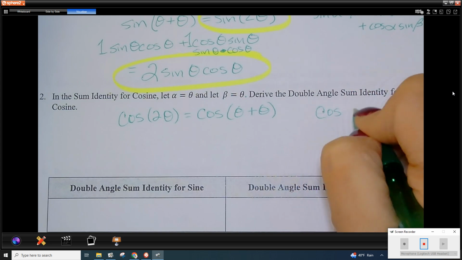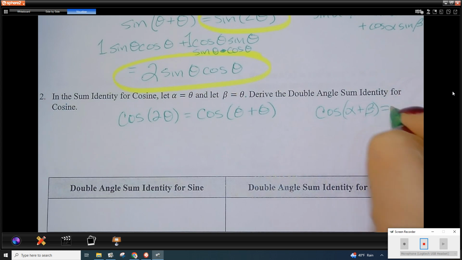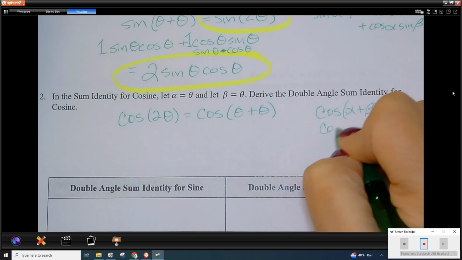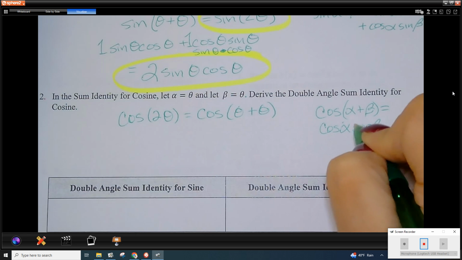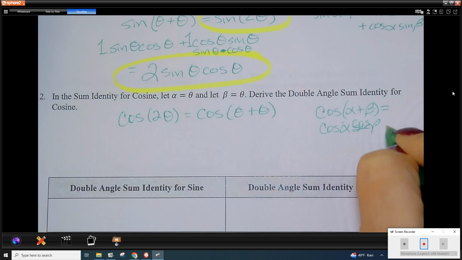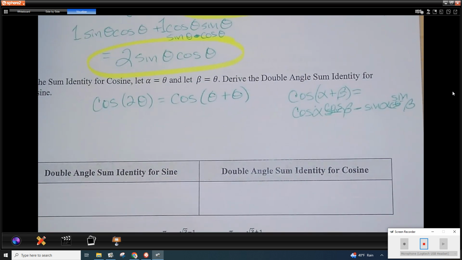Cosine of alpha plus beta is, you do the cosine first, then sine. No, cosine first. I just said it. Minus the sine of alpha, the sine of beta. I just highlighted it and I just said it and then I didn't do it. So cosine alpha, cosine beta minus sine of alpha, sine of beta.